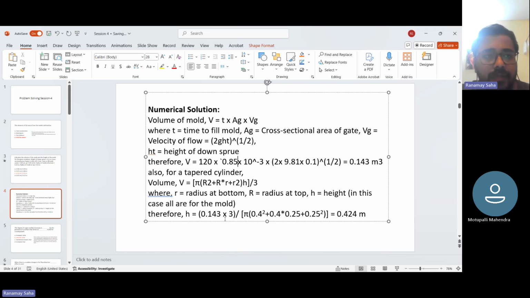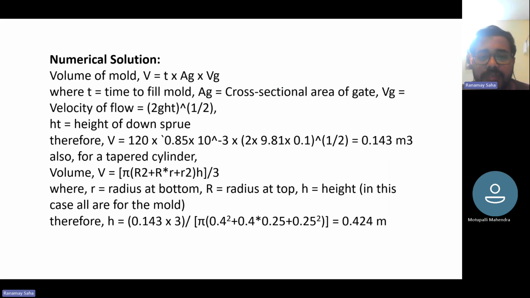Then you plug in the equation for finding the velocity of flow, which is the square root of twice gH, here 2 into 9.81 into the height. So it comes to be around 0.143 meter cube.